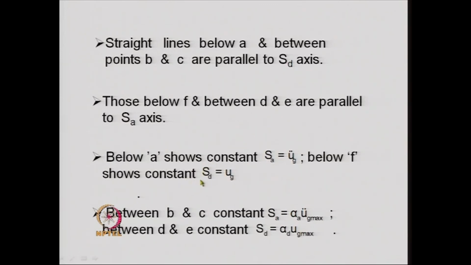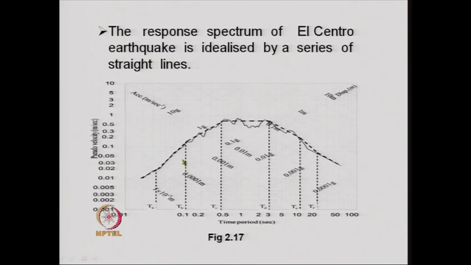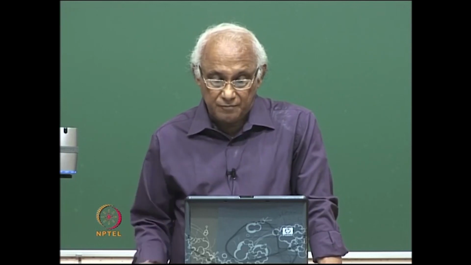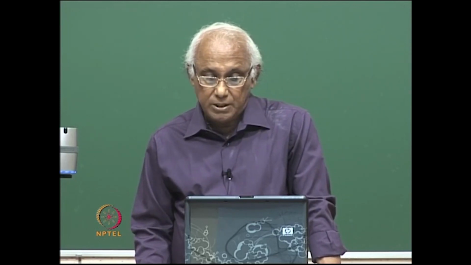That is what we discussed before, that they give the limiting conditions. Here the limiting condition value is shown as the acceleration. That means we measure along this axis, therefore it shows a constant acceleration, and this shows a constant displacement, which is equal to the ground displacement. That is how the specified maximum ground acceleration and ground displacement values are utilized in plotting this curve.